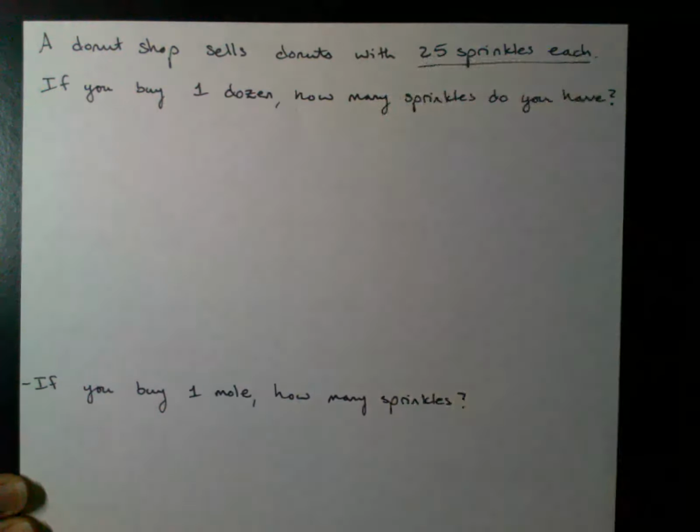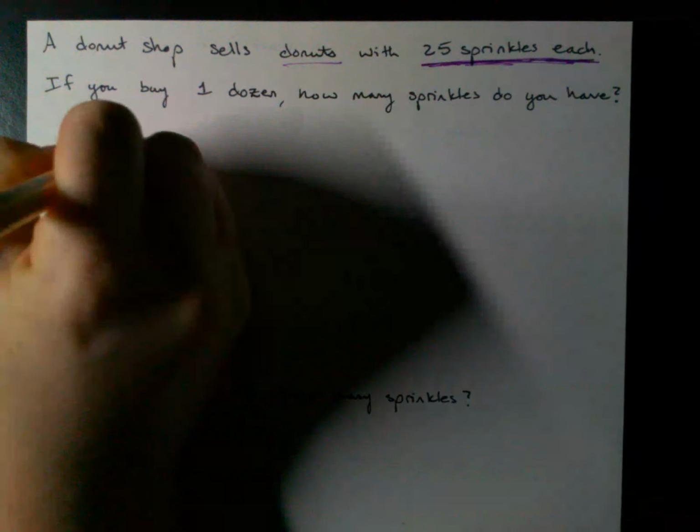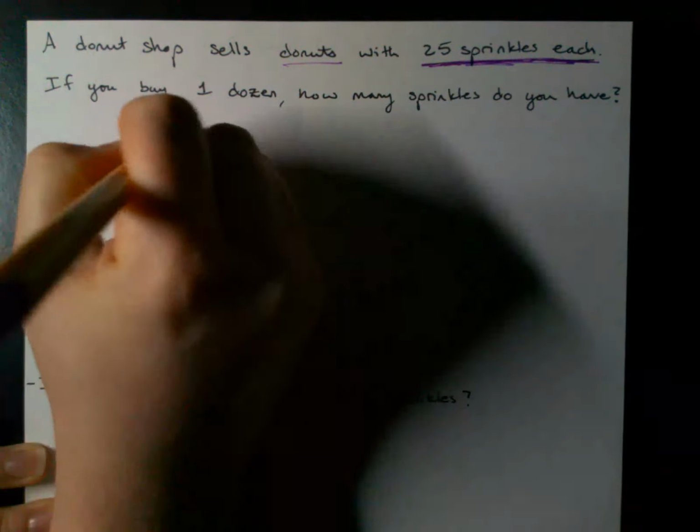Let's use the purpley color. So if I know that one donut equals 25 sprinkles, we're going to assume a machine spits them out or something. And then we're told that we're going to buy a dozen.